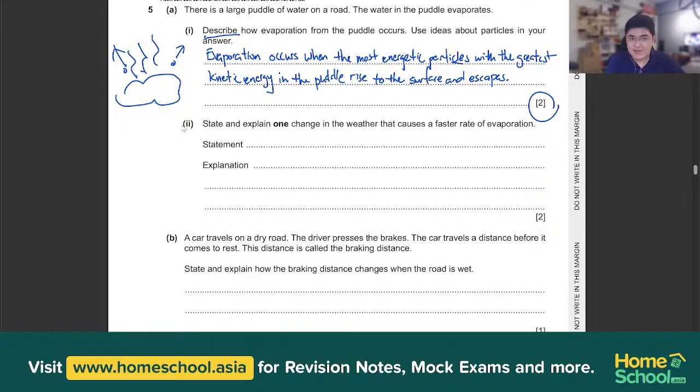The second way is if there's a wind blowing on the puddle, the evaporated water particles will be blown away and the air above the puddle is empty again for more particles to escape.